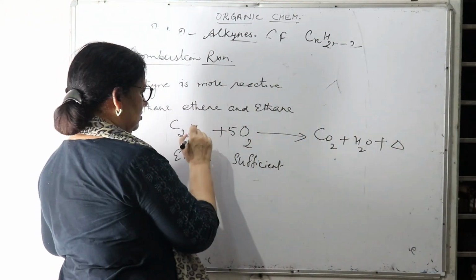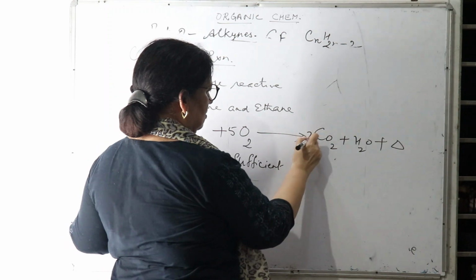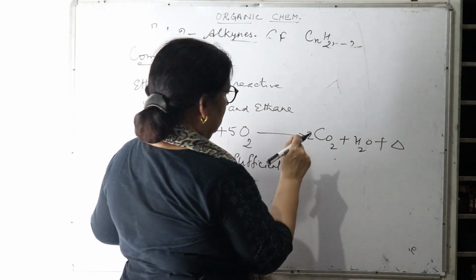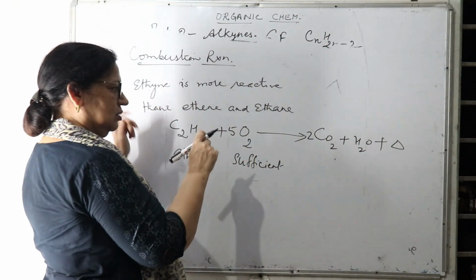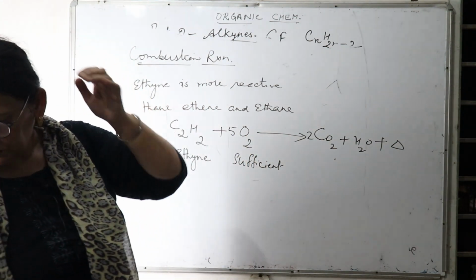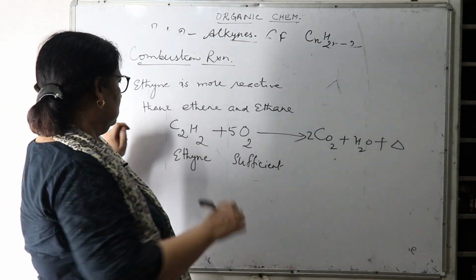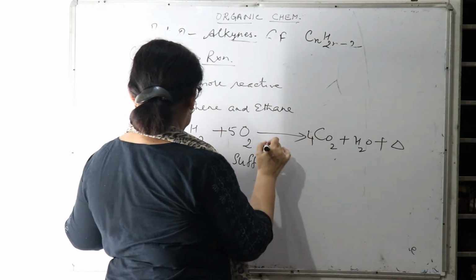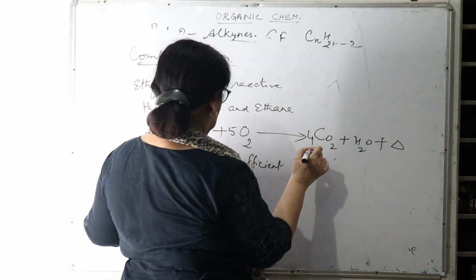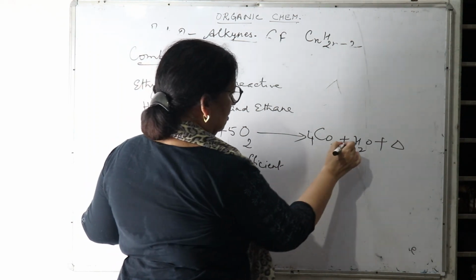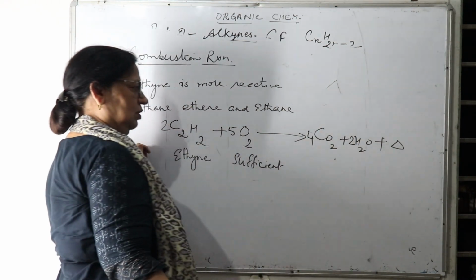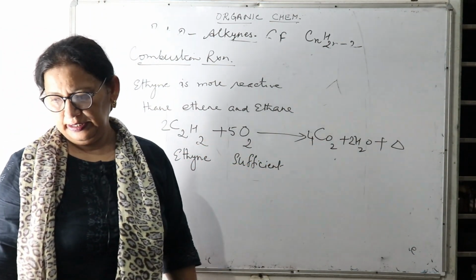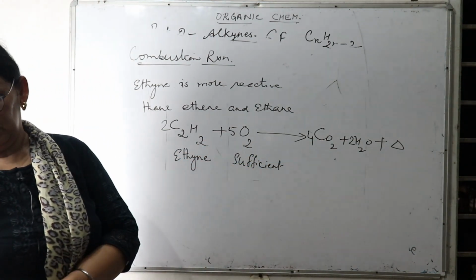Balance this: this is 2, this is 4, 4, 2. So ethyne with sufficient oxygen forms carbon dioxide and water vapors.